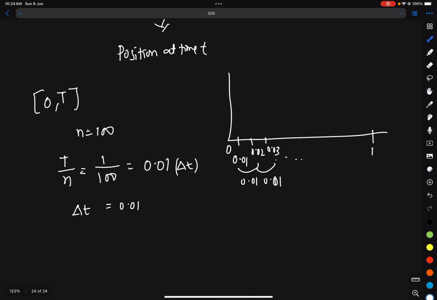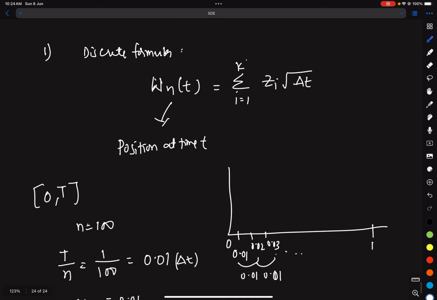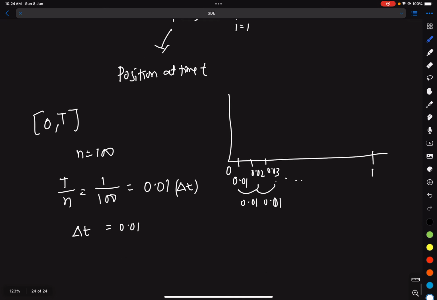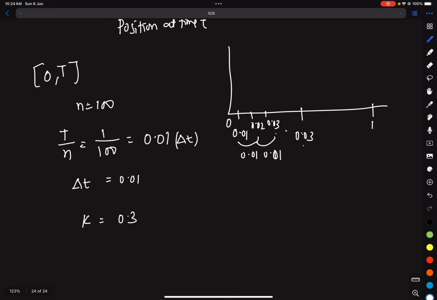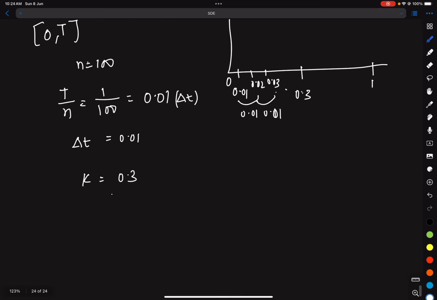So what is k referring to here? Suppose I am observing the particle movement or stock price movement at 0.3. To reach from 0 to 0.3, how many steps do I have to take?